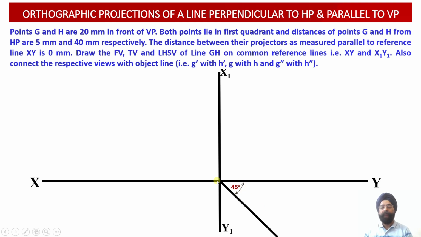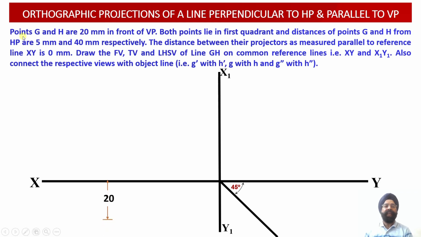Using the transfer line, we will be able to convert the distances from the top view into the profile view distances. That is, the distances in the top view can be transferred into the profile view using this transfer line, which has been drawn at an angle of 45 degrees.